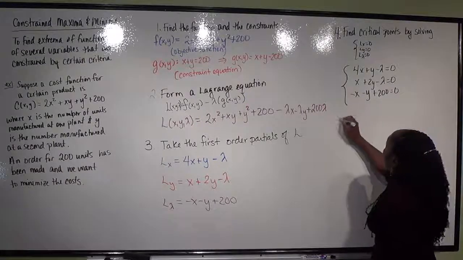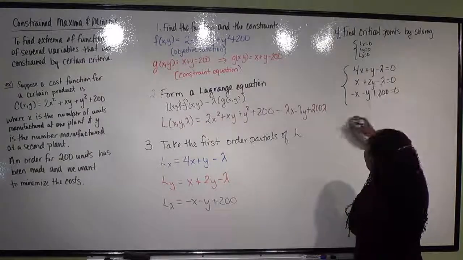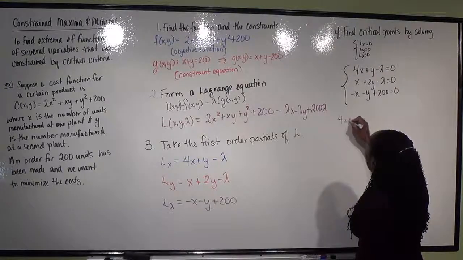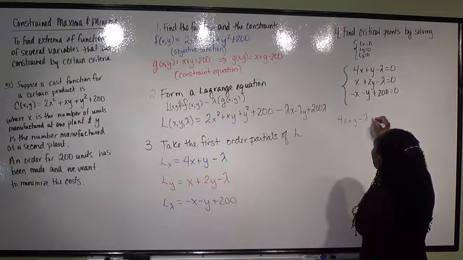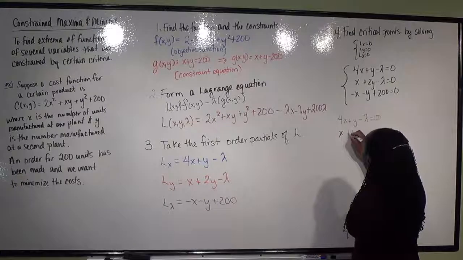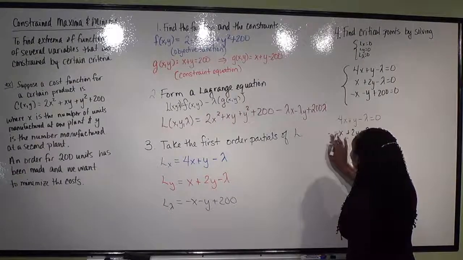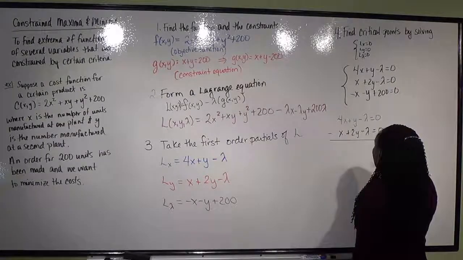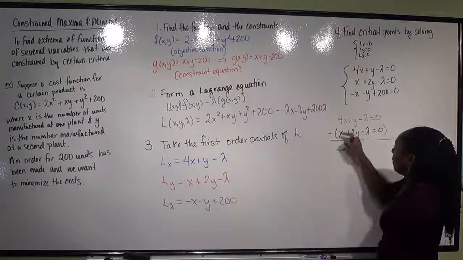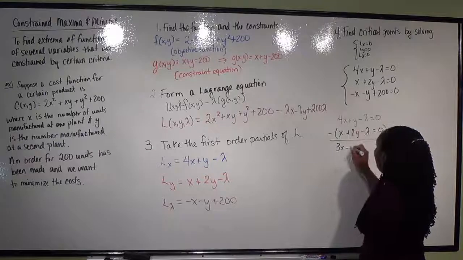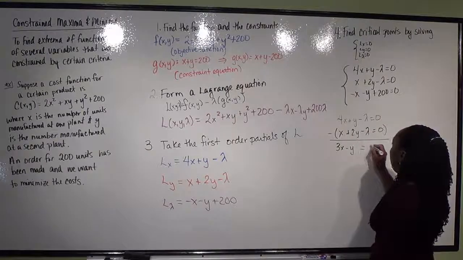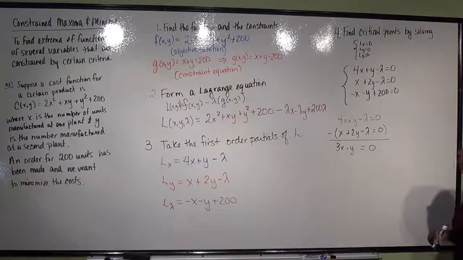So here I'm going to take the first equation minus the second equation, so 4x plus y minus lambda equaling 0, and x plus 2y minus lambda equaling 0, and I'm going to subtract these. Okay, so I'll get a 3x minus y, the lambdas go away, equaling 0.